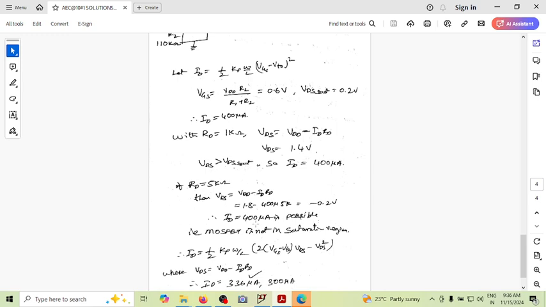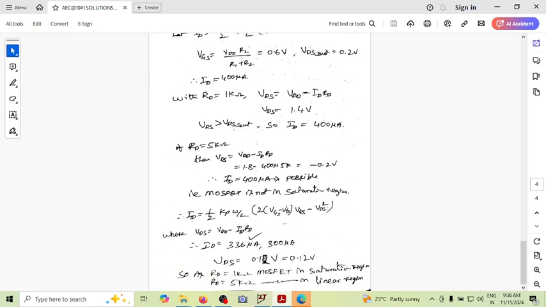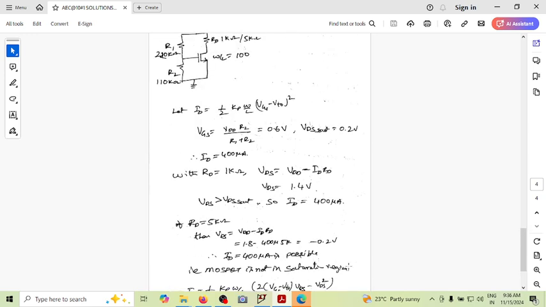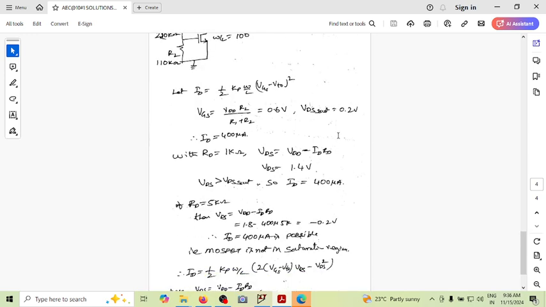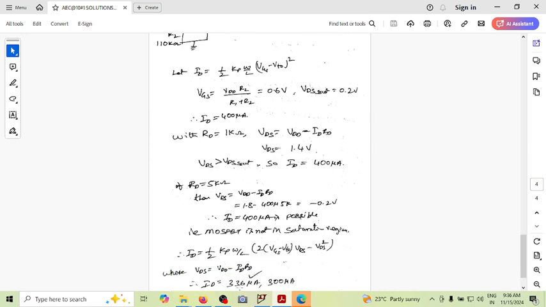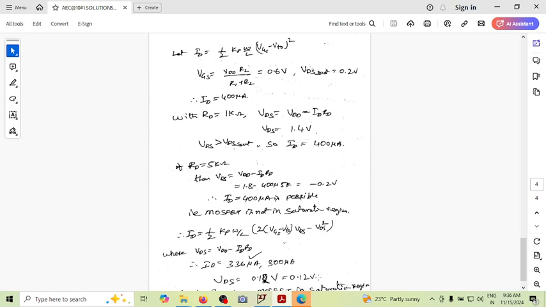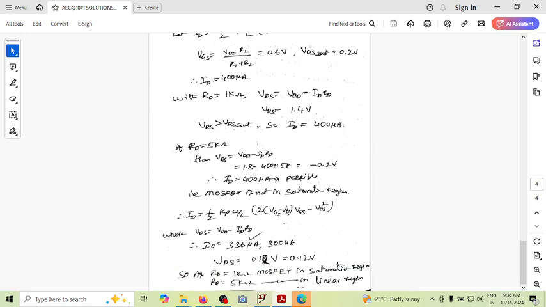Since we have VDS, and that VDS needs to be substituted as VD minus ID RD, when you solve this using a calculator, we got this as the valid current. You can see VDS is 0.12, that is 120 millivolt, whereas VGS is how much? VGS is 0.6. So VDS sat is 200 millivolt, whereas VDS is 120 millivolt. So that's why the MOSFET is in linear region.